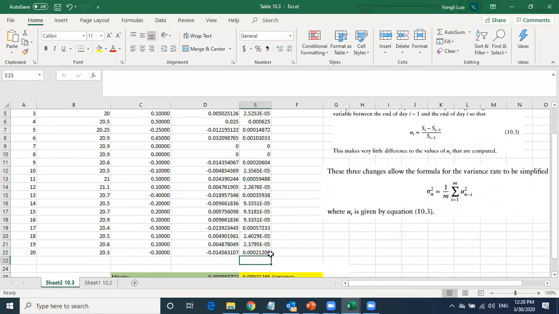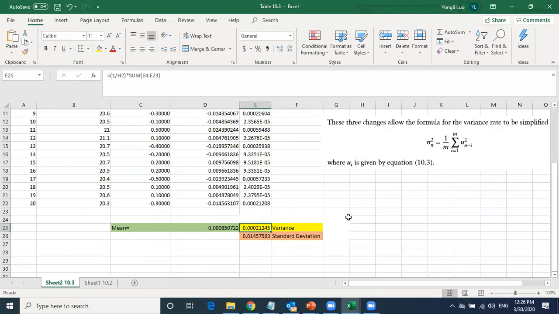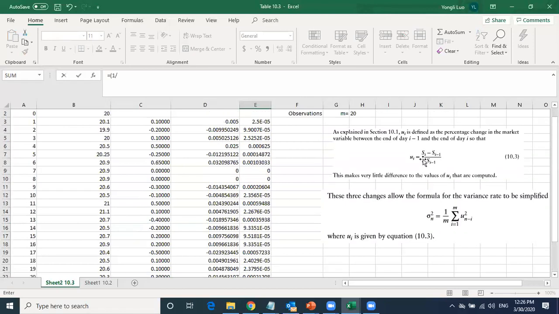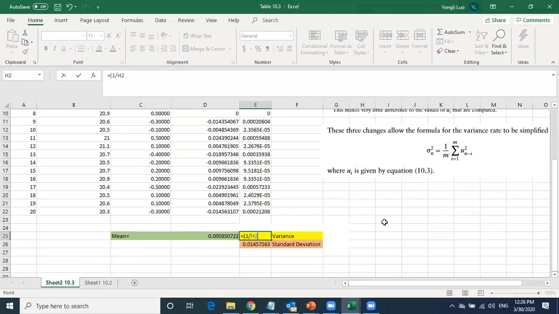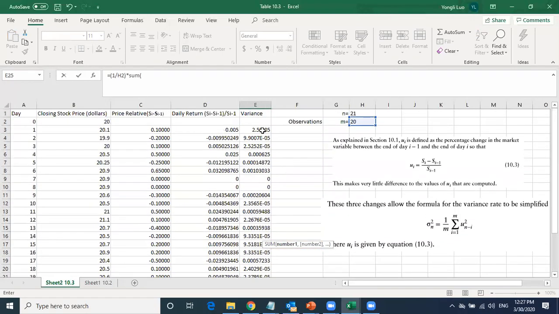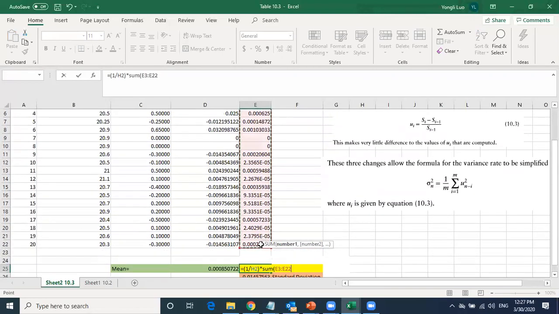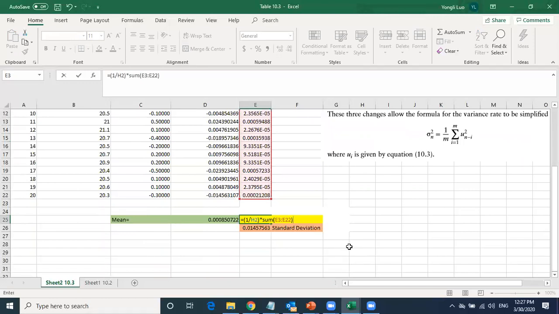To this line you sum them up, equal to 1 over m, where m is 20, times the sum of these squared returns.